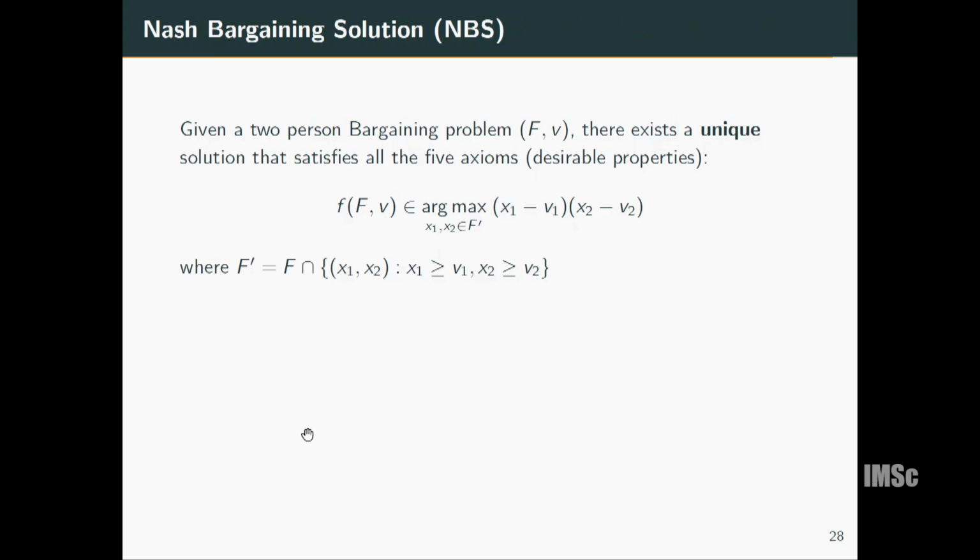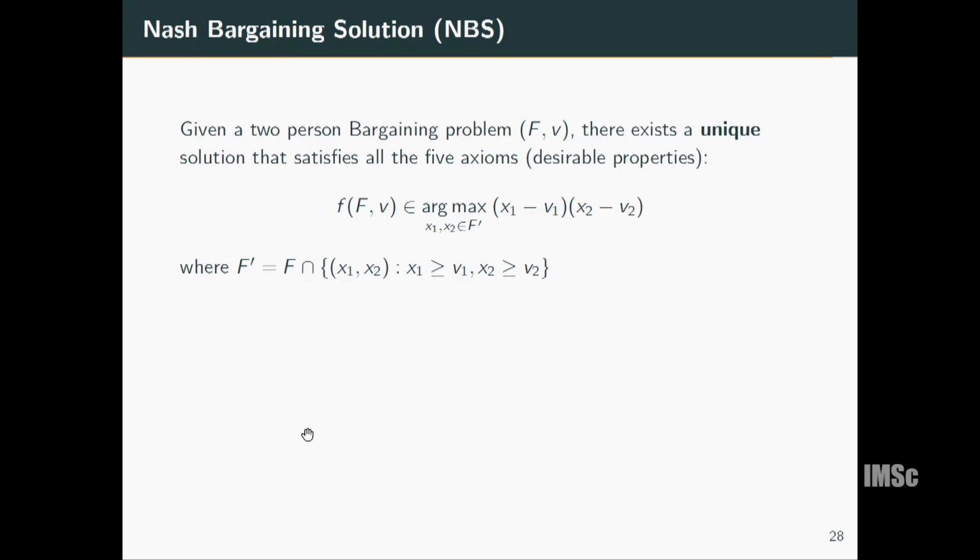Make sense? The hard part is to prove this. The easy part is that you can prove that this particular solution satisfies all the 5 properties. Just check the definitions and you will get it. The tricky part is to prove uniqueness. How do you prove uniqueness?